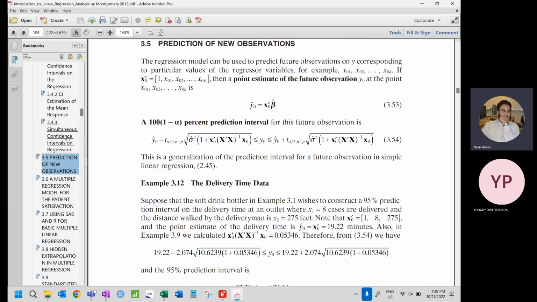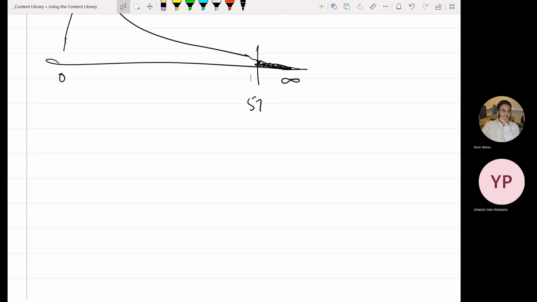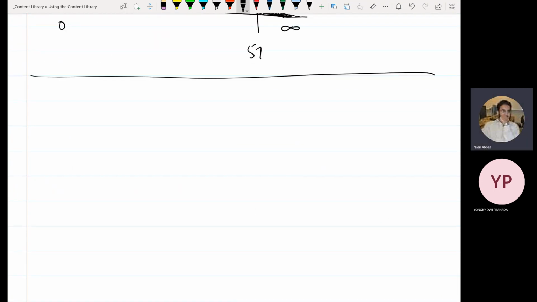Now we go to the prediction, exactly on the pattern that we discussed in chapter 2.